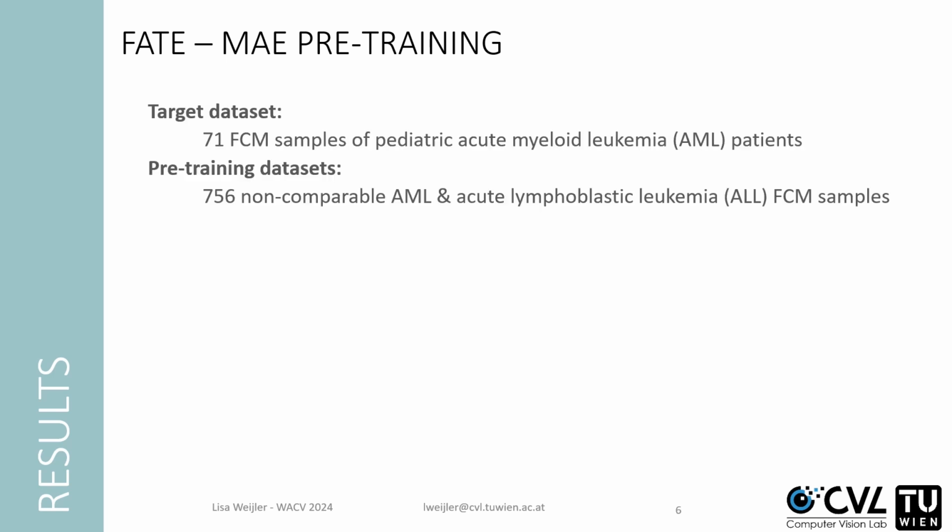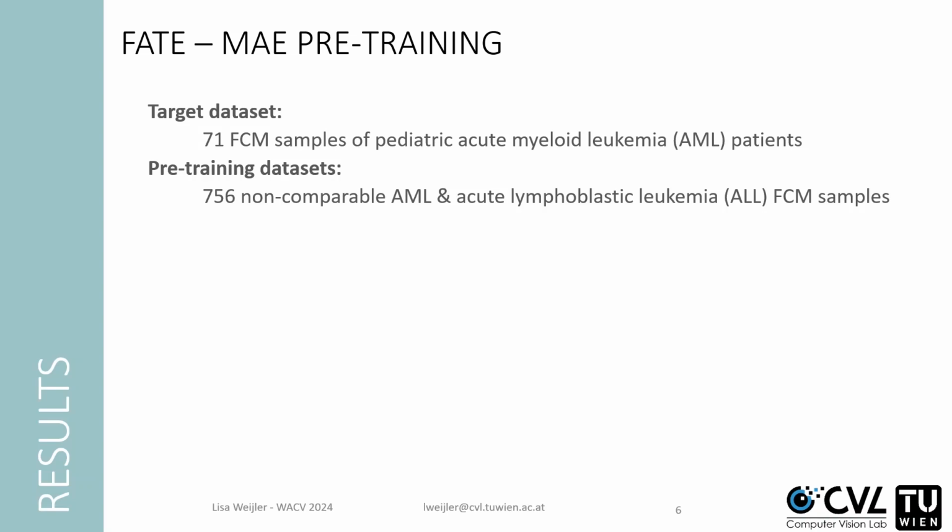The target dataset consists of only 71 samples. There are, however, other AML datasets, either without cancer cells from screening cases or from different time points, and hence not comparable and useful as training set directly. Also, we use a dataset of a different type of leukemia, acute lymphoblastic leukemia, with only 4 overlapping features with the target set.